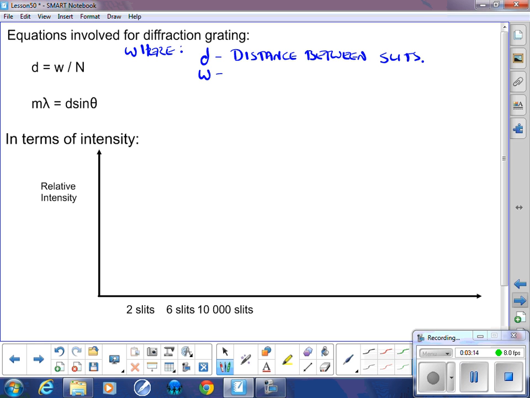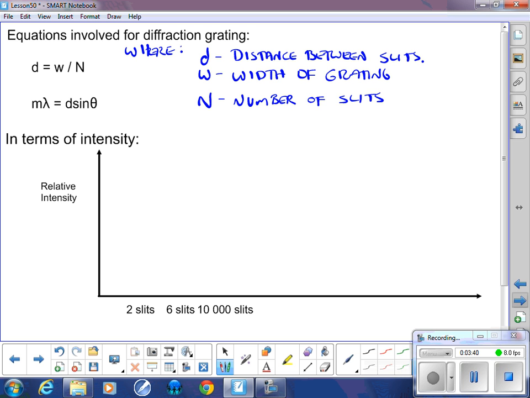W is the width of the grating. So we don't need to know how wide the grating actually is. And our capital N is your number of slits. Okay, so it's really the W and the N that are the newer concepts in those two equations.